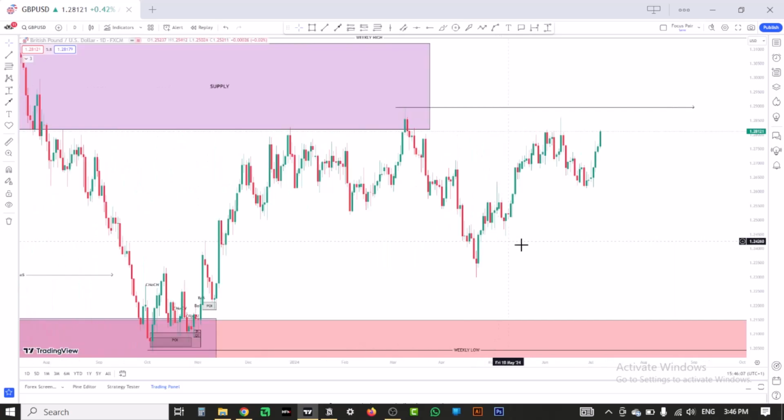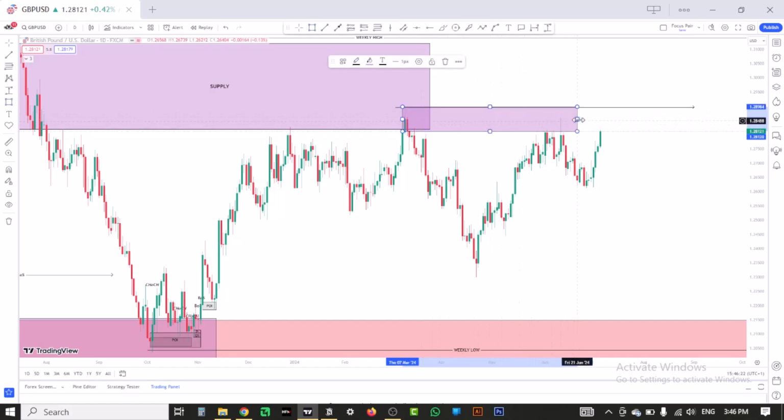Now we have this market dropping from this area here, and we have this high here, which is the extreme high for GBPUSD. But that high has been mitigated by this price. You can see this is a daily order block there.